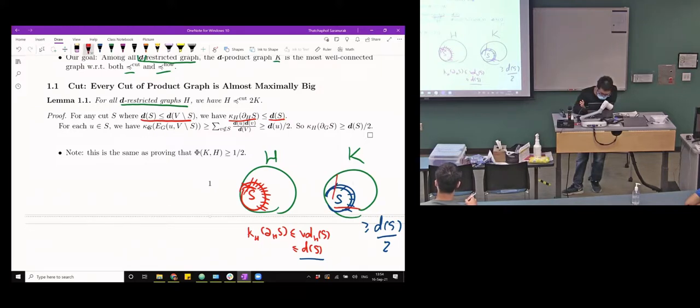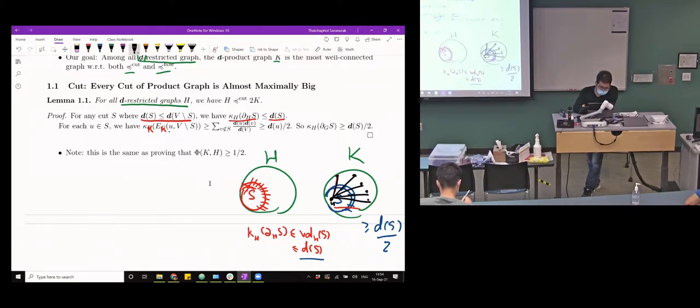So what do we have? Let's look at this node U in S. How much is the weight from U going out to something outside S?